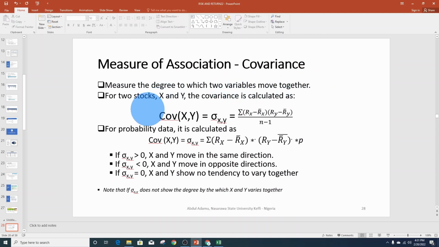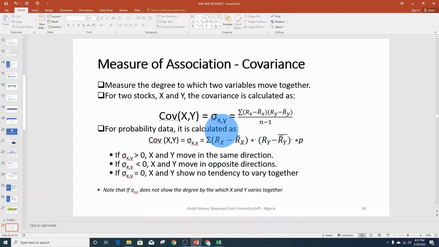So if for two stocks we want to compute the covariance, it is the difference between the expected return and the individual returns for stock X and that of stock Y. You multiply them together, you add them, then you divide by n-1 degrees of freedom. If it is probability data, you subtract the expected return from the individual return, multiply them, multiply by the probability, and sum them together.